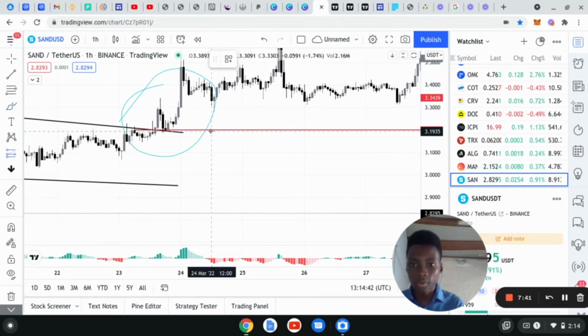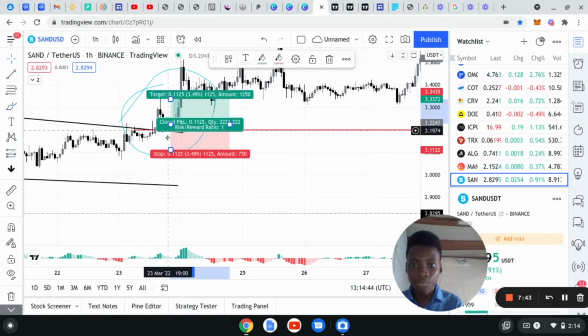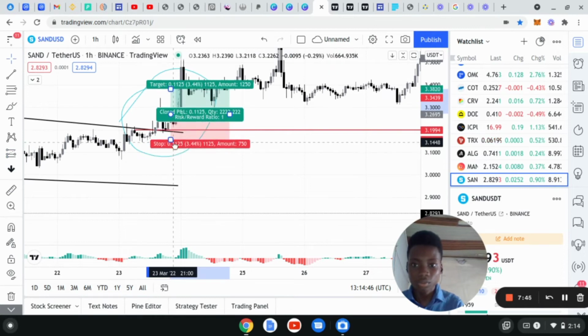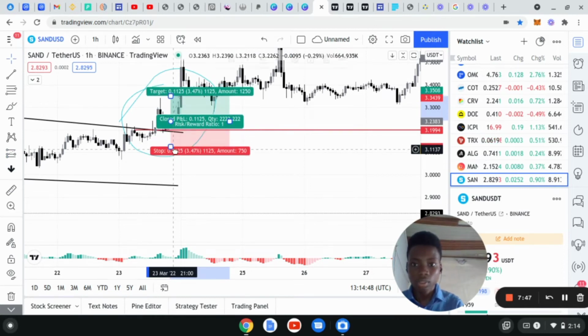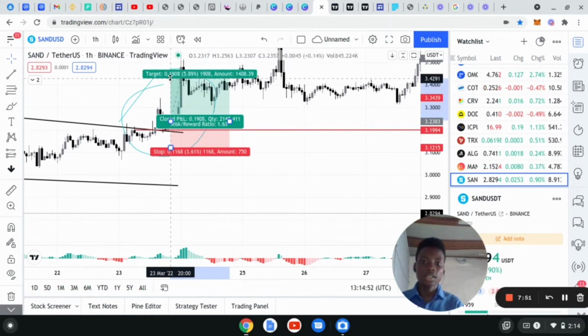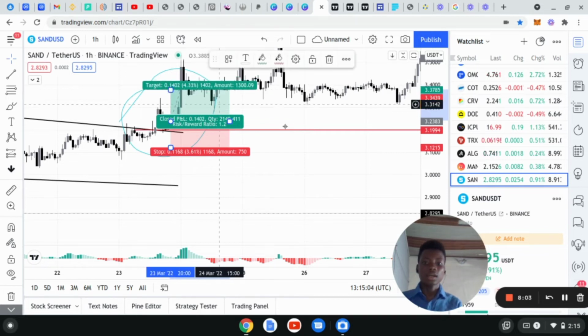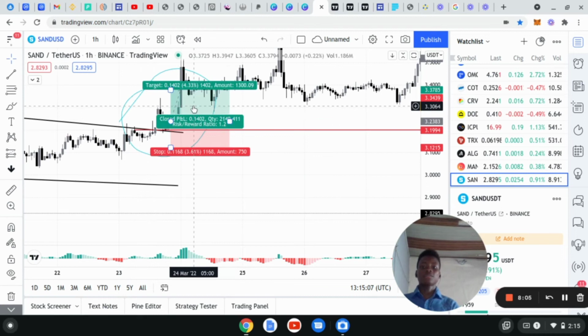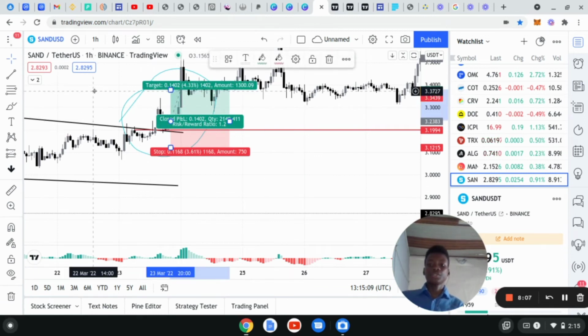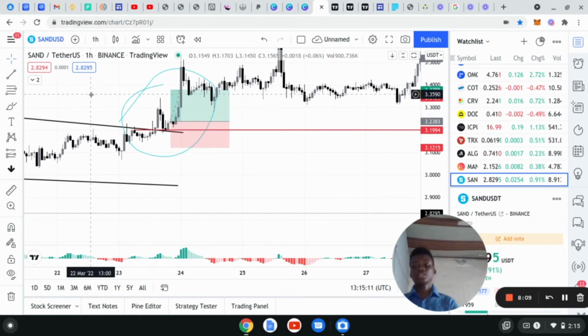So I will take my entry here, put my stop loss maybe just around here. Then let's just say target like the 1:2, keeping it simple, and voila, this would have been a successful trade. So this is another way you can trade trend lines too.